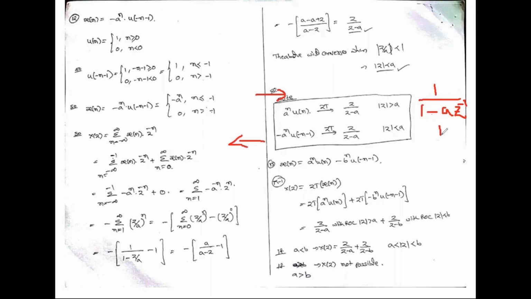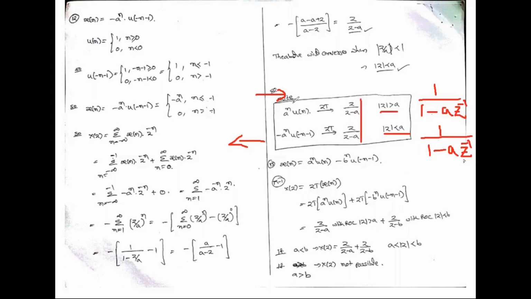But these are also the same Z transformation, 1/(1 - a z^-1) only. But the ROC is |z| less than a. Both in the positive powers of z are z/(z-a) and z/(z-a).